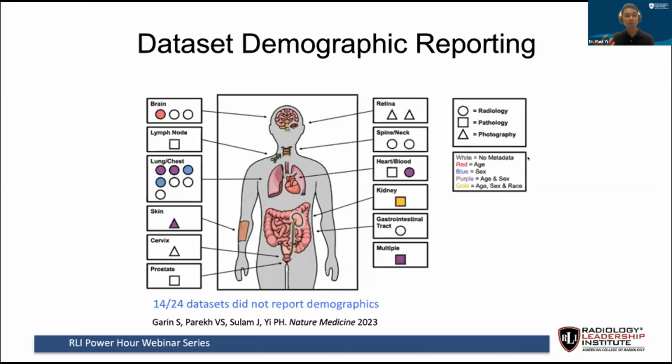This is a data science platform that's been used for things like the RSNA AI challenges, and really the idea is to crowdsource the best and brightest of data science to use these medical imaging datasets. But we found that a little over half didn't report demographics at all, which begs the question: even if we build these really outstanding models, are we going to be able to bridge that gap from a really high performing proof of concept to something that we know is equitable?